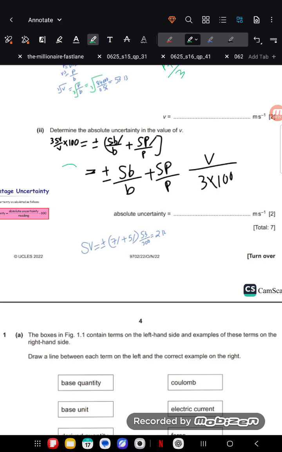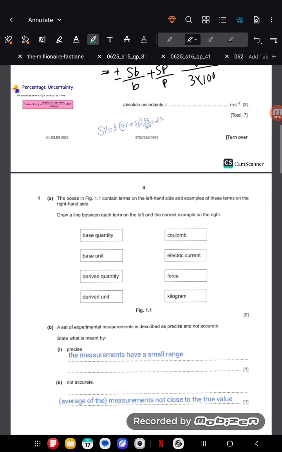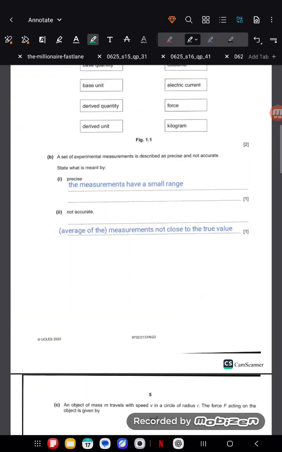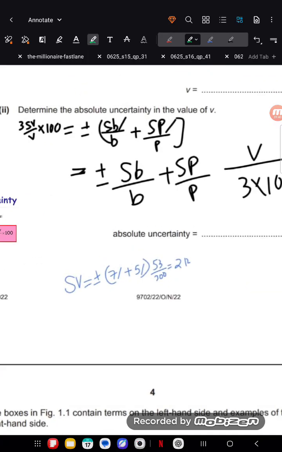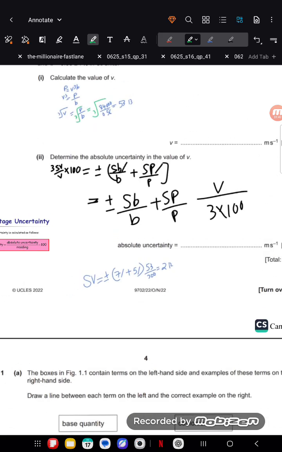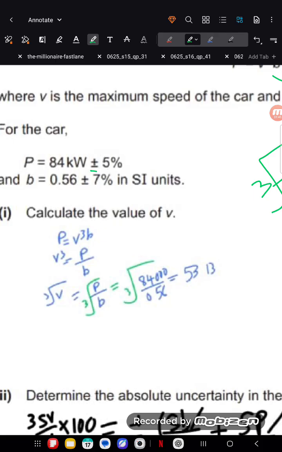Now don't make a mistake. The thing I taught you in the previous chapter, use your own mind, okay? Use your mind. Now don't go and tell me, okay, maybe she wrote something wrong. Okay, I might be wrong, because I thought this was percentage uncertainty, but I mean it is decimal, but it's not decimal.